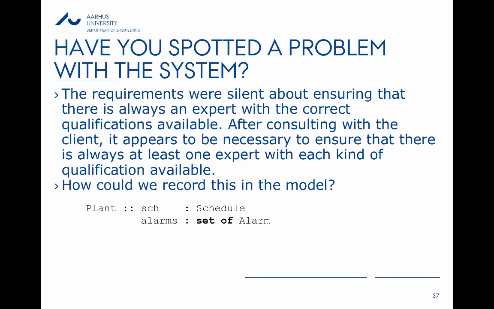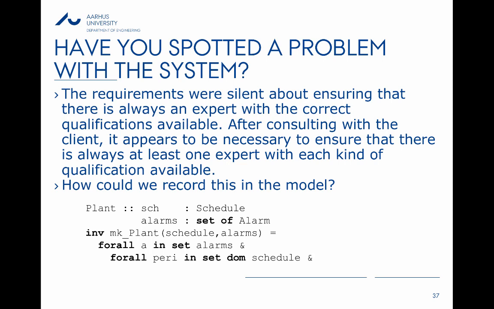Well, if we look at the plant, the top level spec, it looks like this. I can write an invariant that states something like that we have a schedule and alarms inside my plant. Then for all the alarms, it needs to hold that for all the periods in the domain of the schedule, there needs to exist an expert who is on duty in this period, such that the alarm qualifications are covered by the expert.